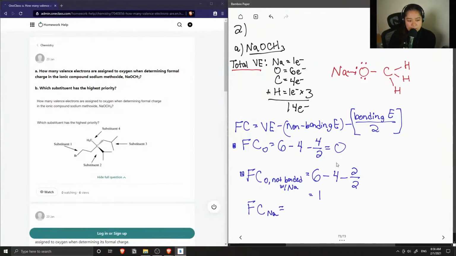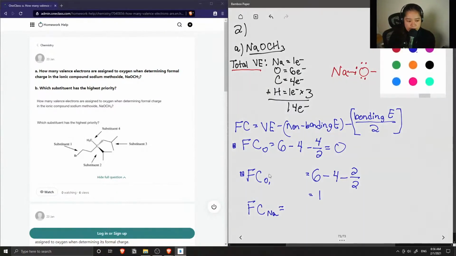And after it does that, then we can calculate the formal charge after sodium gives one of its electrons.